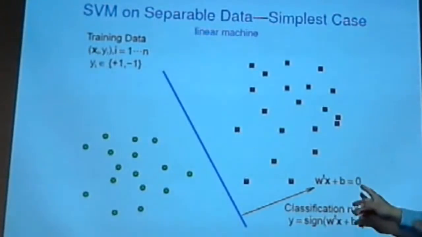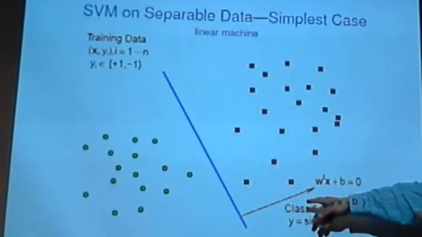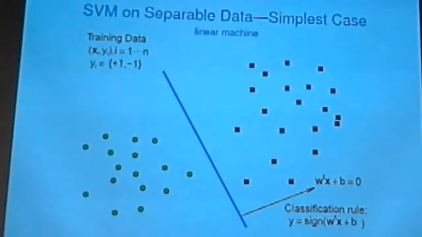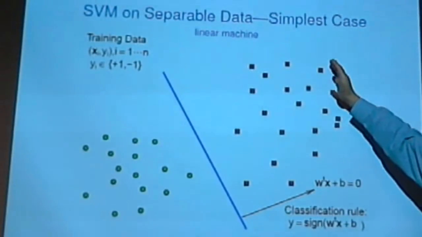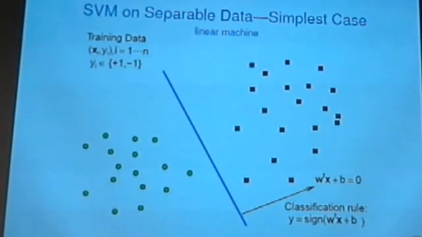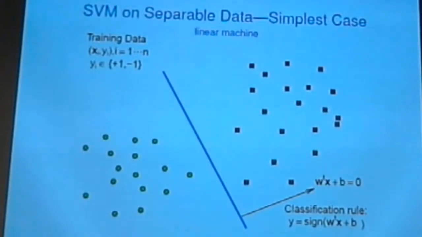Of course, this is the straight line formula: W transpose X plus B. Supposing you have feature vector X, calculate W transpose X plus B. If it is positive, then you classify it as class 1. If it is negative, classify it as class 2. Just look at the sign of the result.